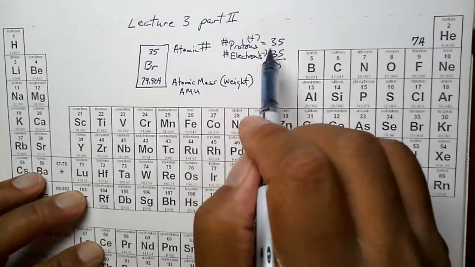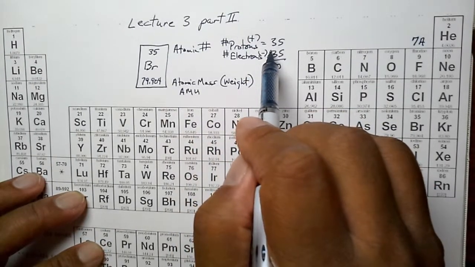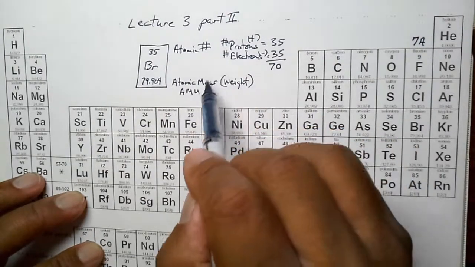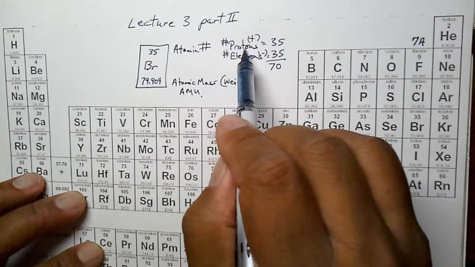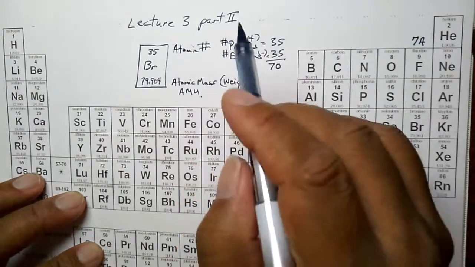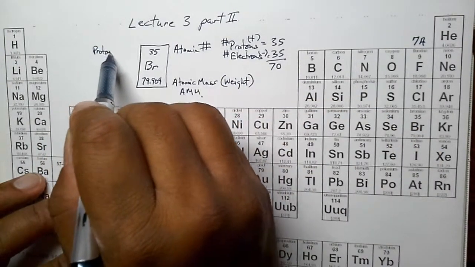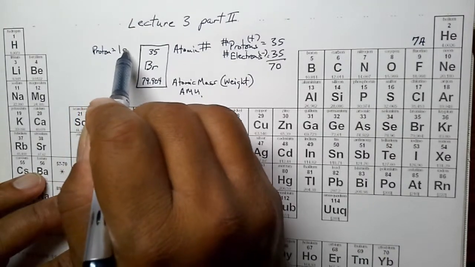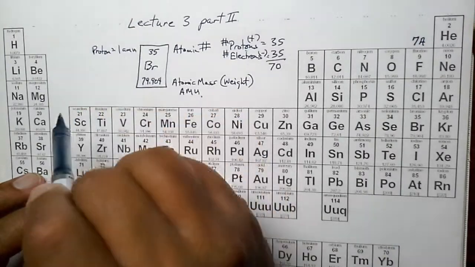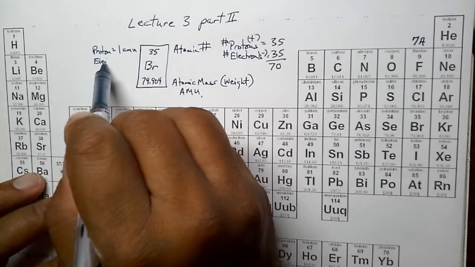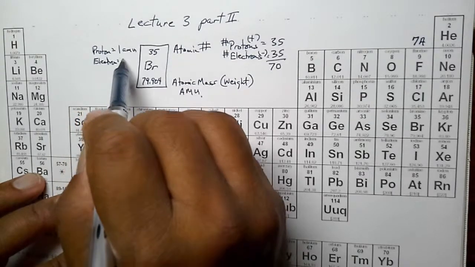Now, we also learned in our previous part that the atomic mass unit for a proton is 1. Okay? Equals 1 atomic mass unit. And that of an electron is what?